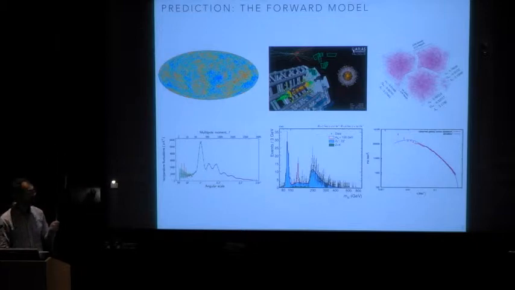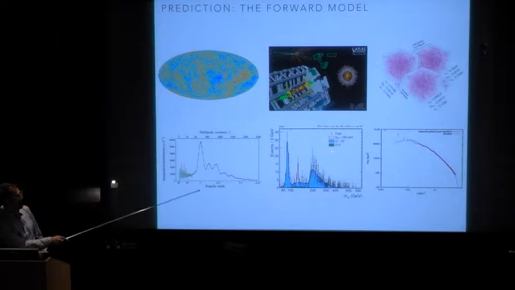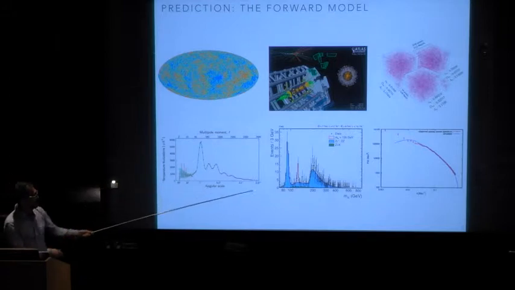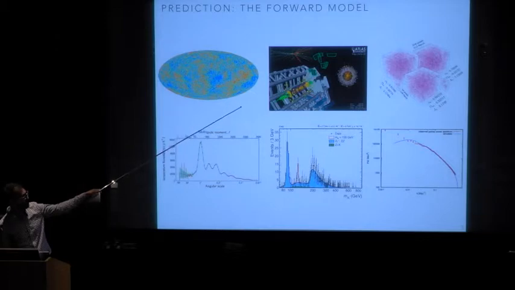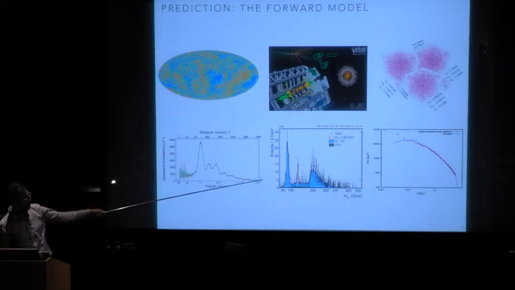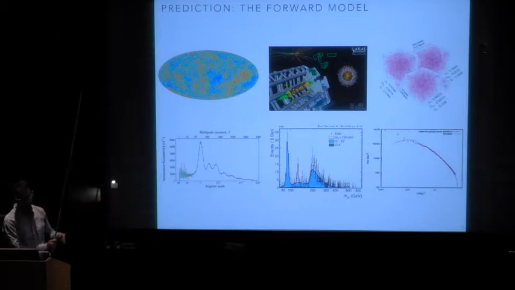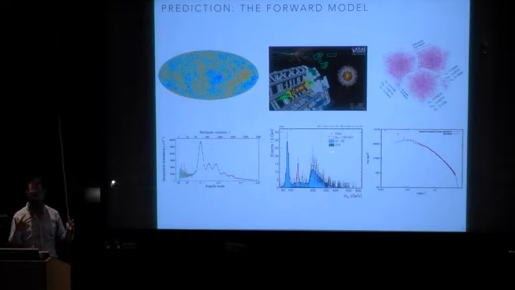We have a lot of insight into the data generation process, and we come up with summary statistics of that complicated data. So here's the power spectrum of the CMB. Here's a histogram of a one-dimensional summary statistic for all the LHC collisions that we used to discover the Higgs. Over there is another power spectrum. And that's usually how we go about doing the inference.